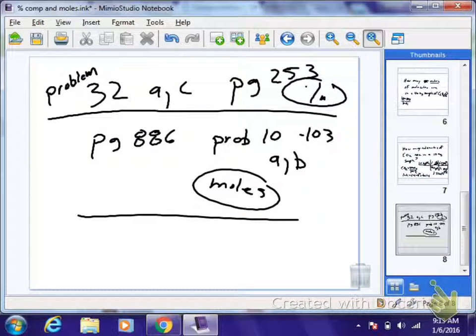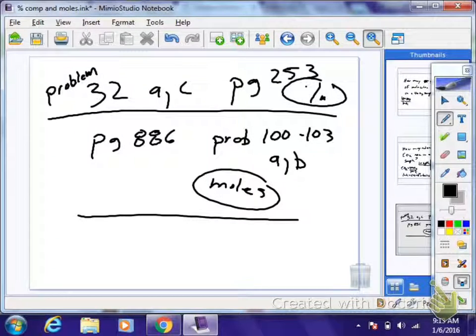And then page 886 should be problem 100. I better check that. I think it's 101, I'm sorry. 101 through 103, I'm not sure why. Yeah, 101 through 103. A and B. Okay, and those deal with moles.